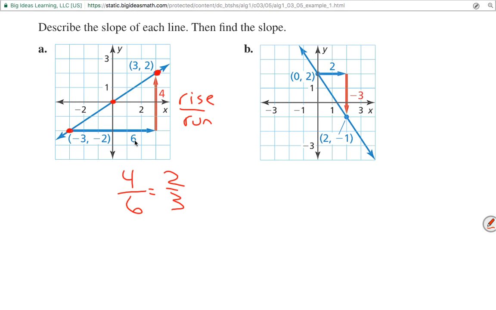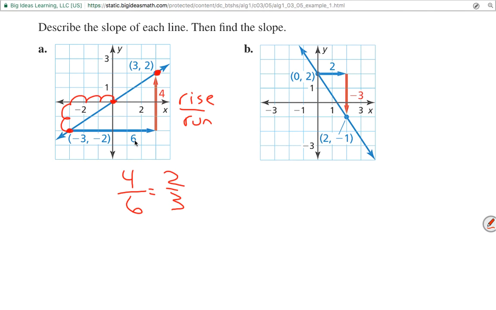Isn't that a perfectly intersecting point right there on the origin? Well, you don't have to do always what they give you. You can always do rise up 2 and run 3. It's any point on the line you can do the slope. Okay, so if you're not given any specific points, you can just find points on the line that intersect perfectly on whole numbers. You don't have to worry about doing a fraction or decimal or anything of that sort.